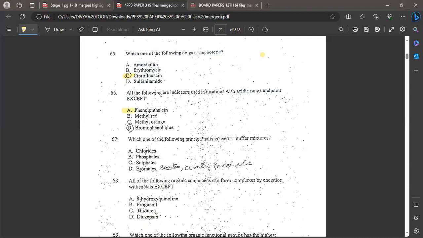Okay, all right. Which of the following principal salts is used as buffer mixtures? Phosphate, right? Yeah, I think so. Principal salts.